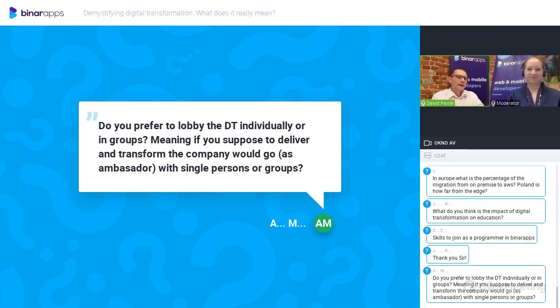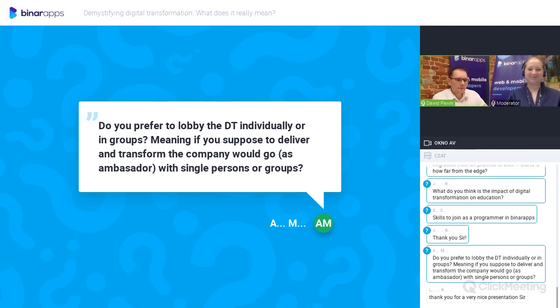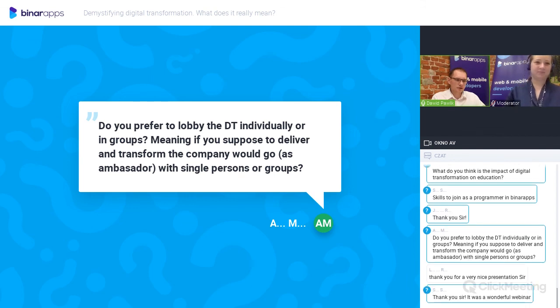Well, it's important. So you have to have the people behind it, right? One person could be the driver, but I don't see that being sufficient in a large organization. So I think you have to have ambassadors in every group of your employees. If you are at the management level, you have your ambassadors there.